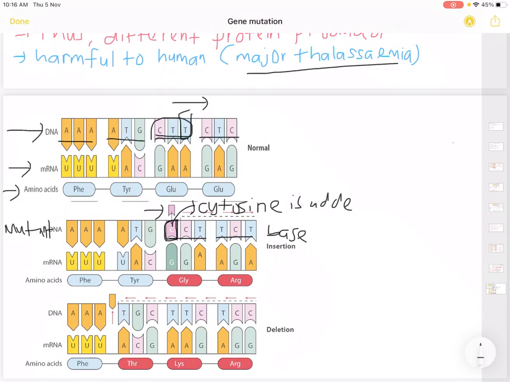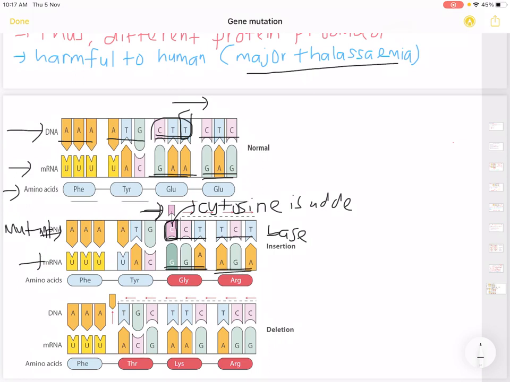So from the starting of the addition of the base pairing, we will change the entire reading on the DNA, causing the wrong triplet bases to be read. Instead of GAA, we're going to read GGA. And instead of GAG, we're going to read AGA.